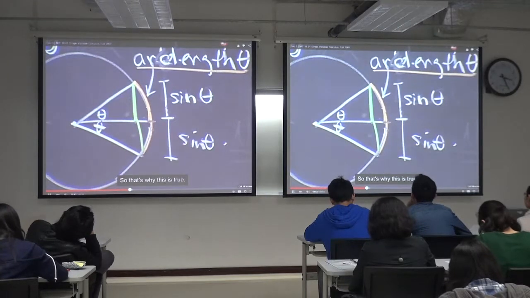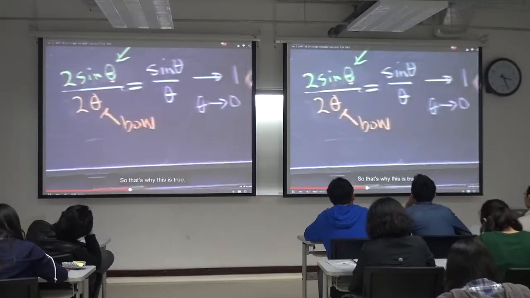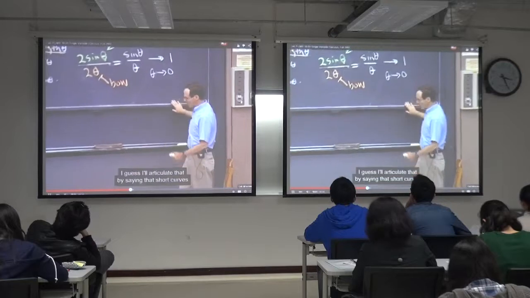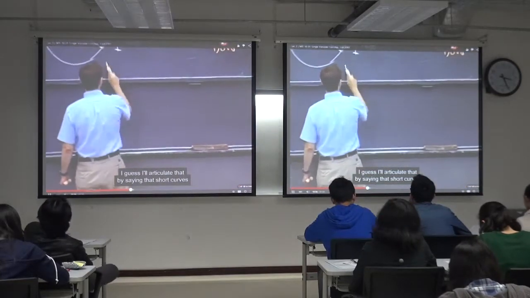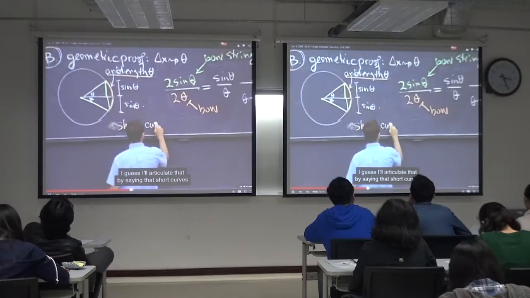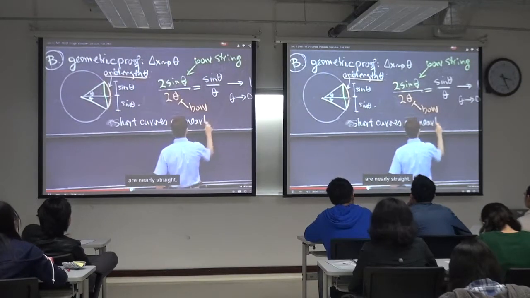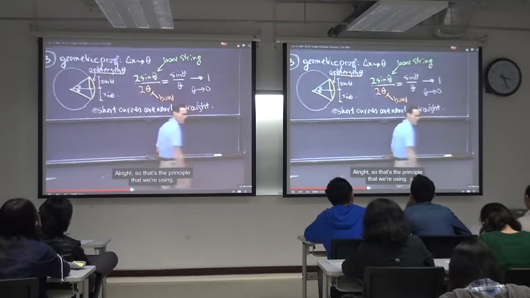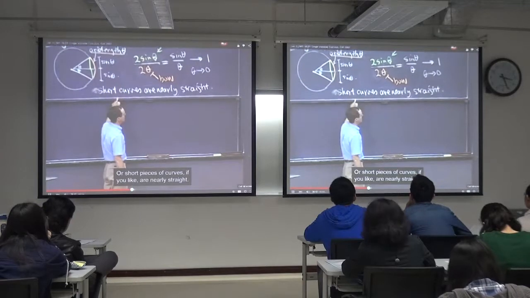So that's why this is true. I guess I'll articulate that by saying that short curves are nearly straight. That's the principle that we use. The short pieces of curves are nearly straight.